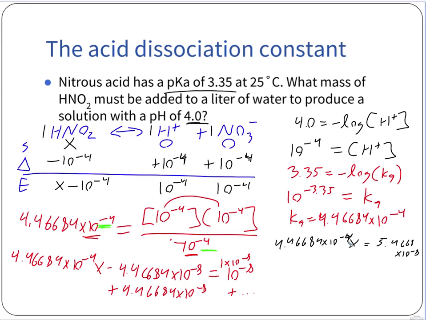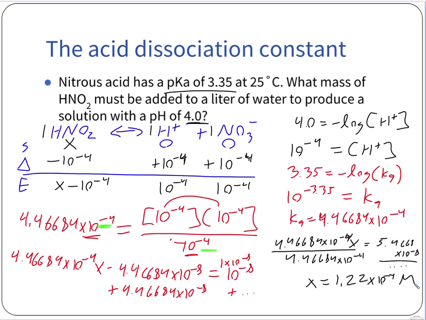Okay, so divide both sides by 4.4668 times 10 to the negative 4th. Same thing right there. And so when I do this, I get that x is equal to 1.22 times 10 to the negative 4th. It should be molar. So that's our concentration.